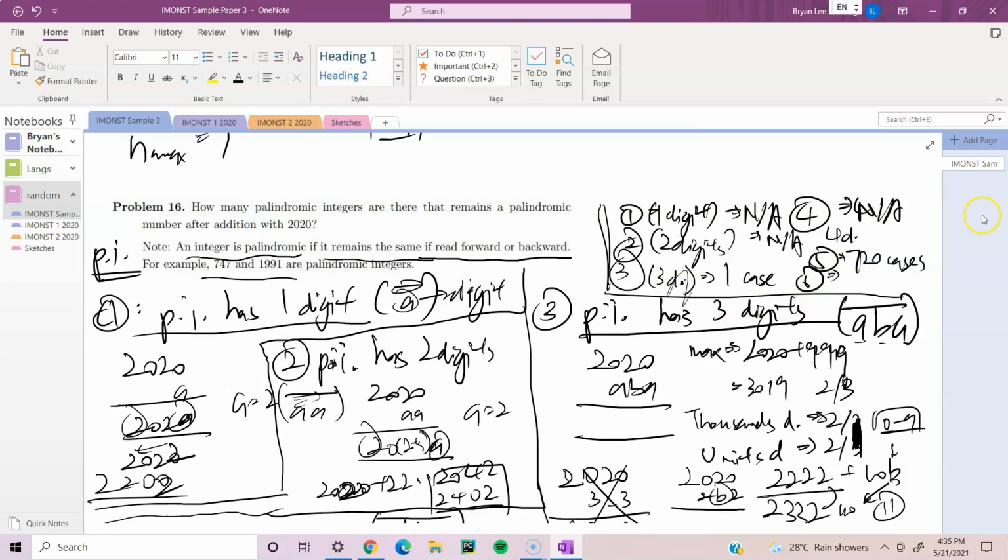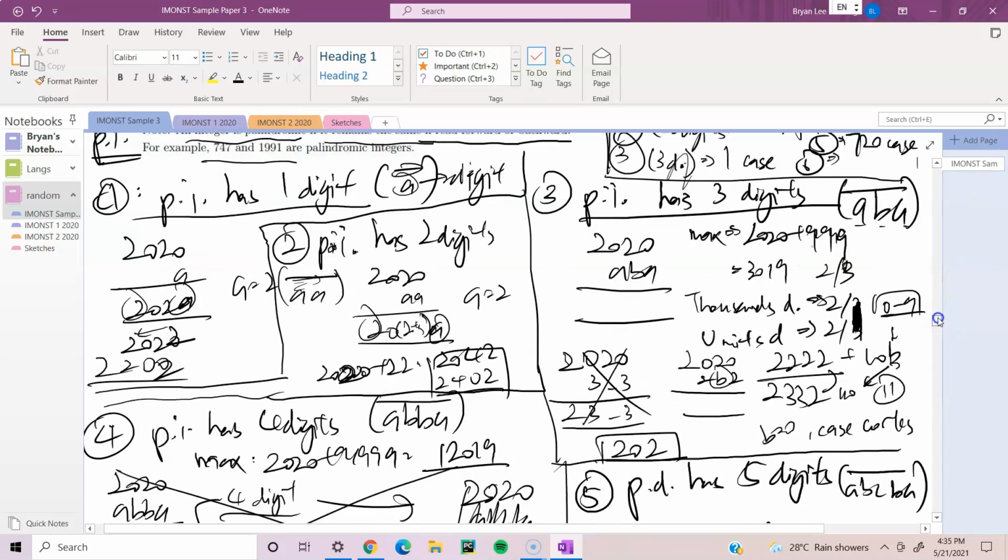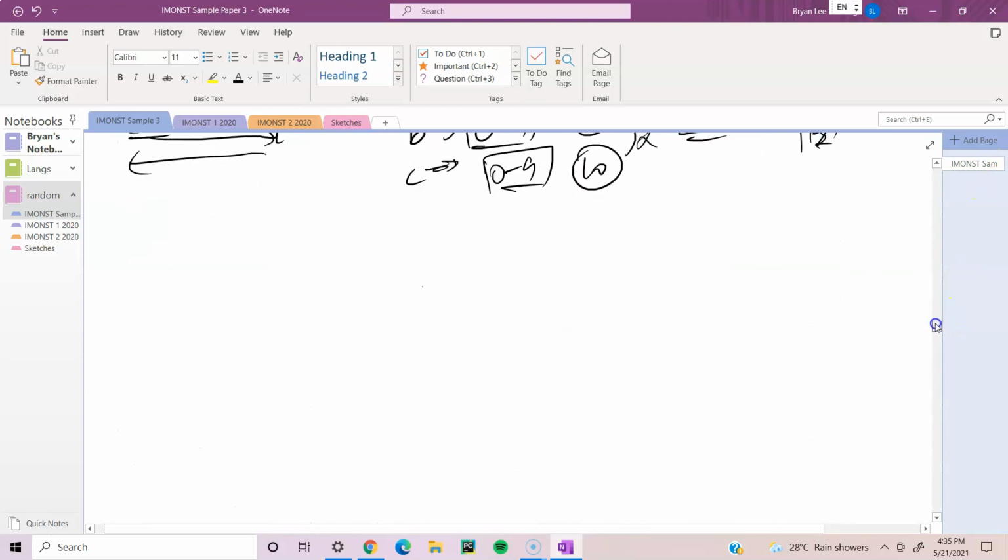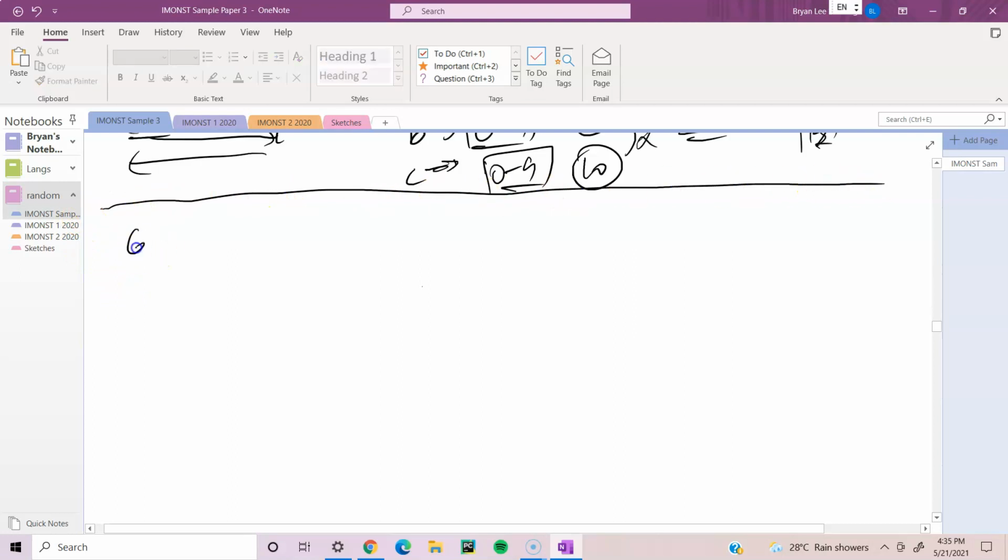Now, for 6-digit palindromic integers and above, we will show you in a minute that it is not solvable. So we do a case 6. Our palindromic integer has 6 digits, or more.